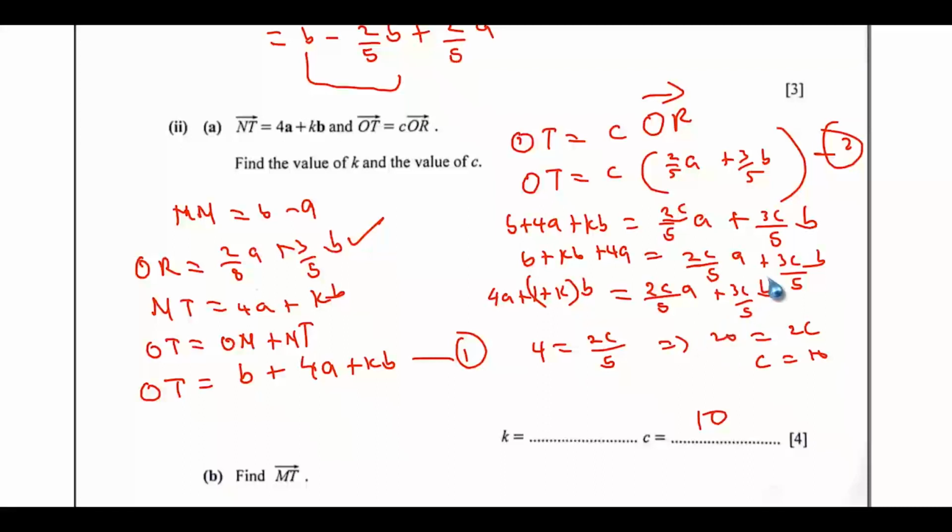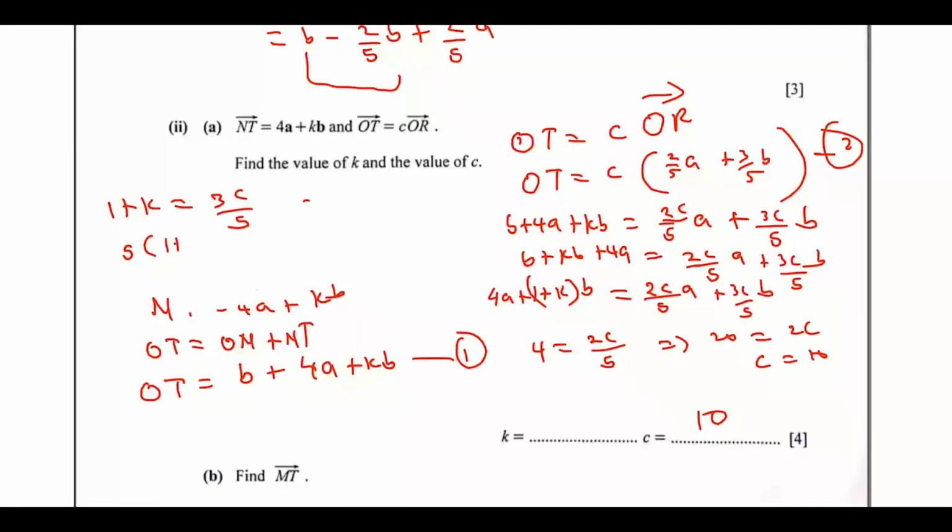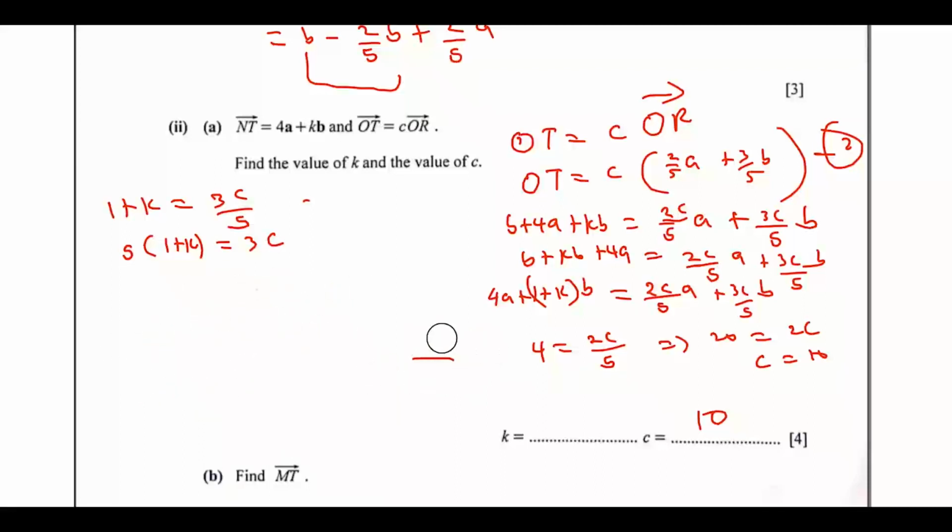So that's the value of C, equal to 10. Also, by comparison, 3C over 5 will be equal to 1 plus K. So let's erase this a little bit. By comparison again, 1 plus K is equal to 3C over 5. If you cross multiply, it will be 5 into (1 plus K) equals 3C. But we got the value of C to be 10, so we can substitute that.